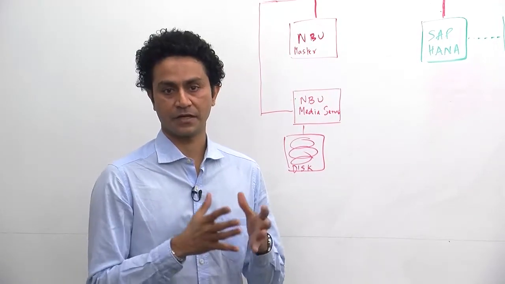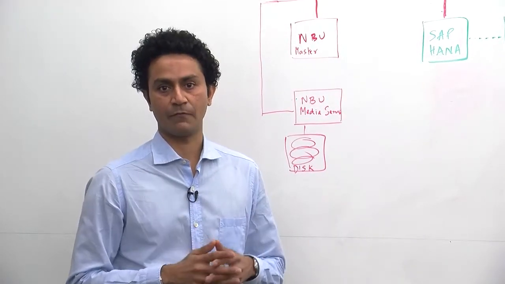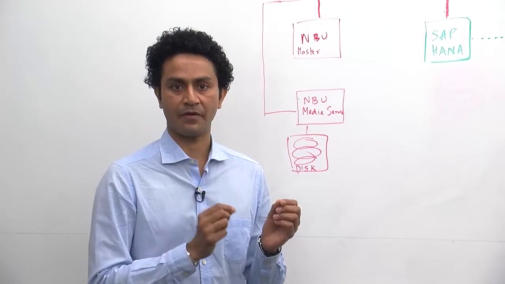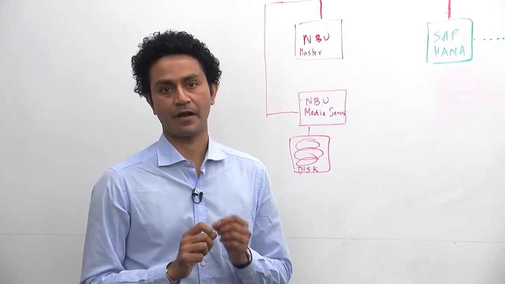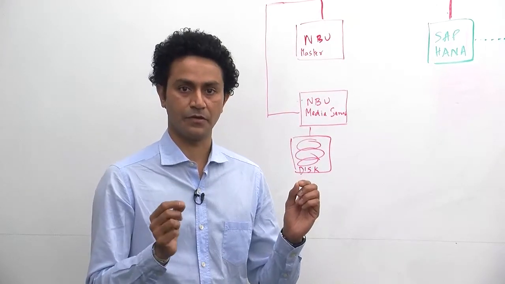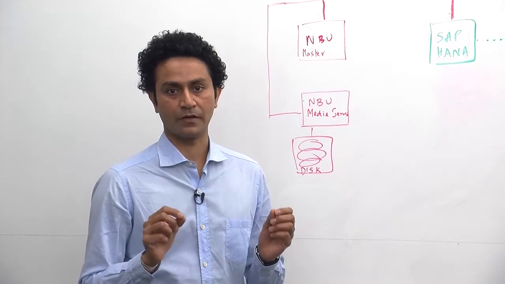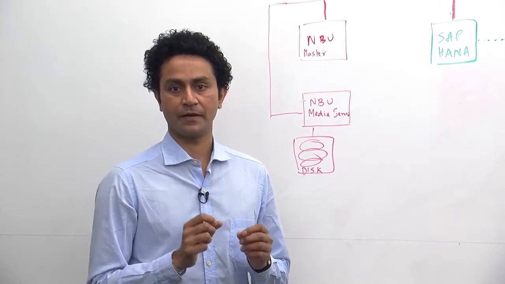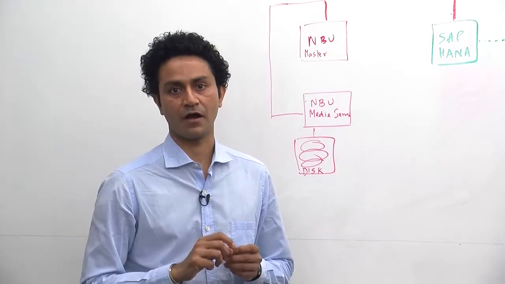In SAP HANA, there's a global.ini file where you define where your data backup parameter is and where your log backup parameter is. Within the data backup parameter, you'll define the policy that you're using for your database backup. And for the log backup parameter within global.ini, you would define the util file that gets utilized to define a separate policy for log backups.